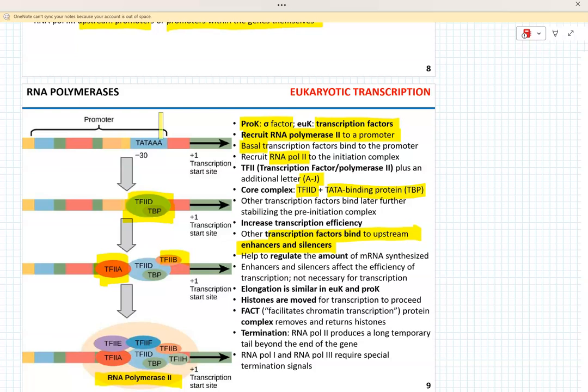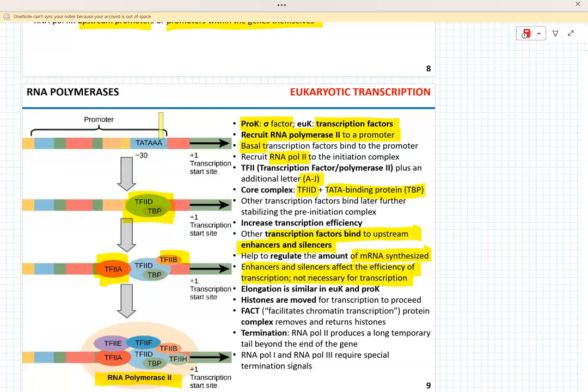These sequences, along with the relevant transcription factors, regulate how much RNA is synthesized during transcription, but they are non-essential for the transcription itself. They're critical for regulating its efficiency, though.